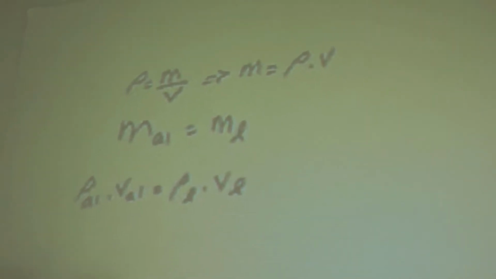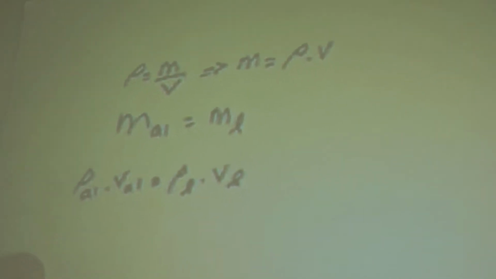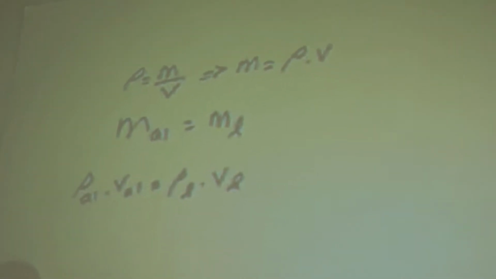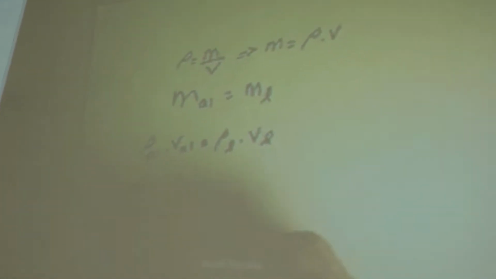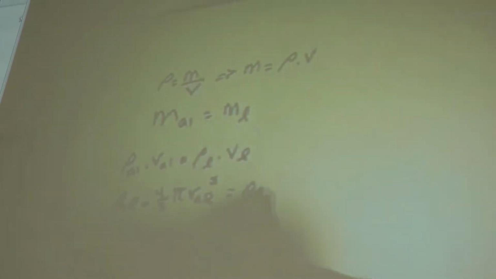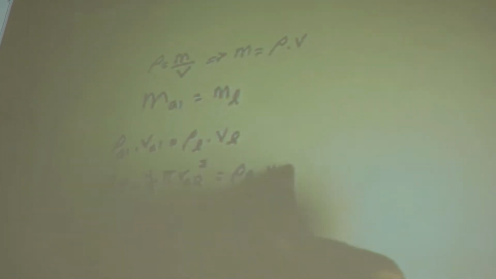So the rho aluminum, what is rho? It's a constant. Okay? What is V aluminum? V aluminum is the volume of the sphere. So volume of a sphere is what? 4/3 pi r cubed. So 4/3 pi r aluminum cubed is going to be equal to rho lead times 4/3 pi r lead cubed.